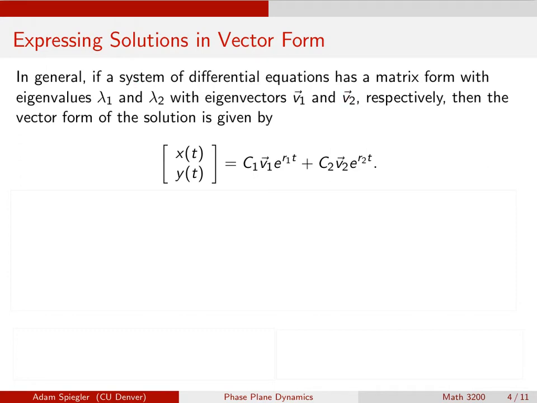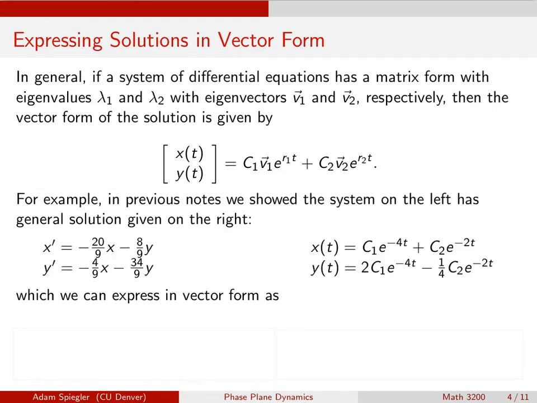Once I find these eigenvalues and eigenvectors, I can take my general solution and write it in vector form: an arbitrary constant c1 times eigenvector 1 times e^(r1 t), plus an arbitrary constant c2 times eigenvector 2 times e^(r2 t). Here r1 and r2 represent our eigenvalues.